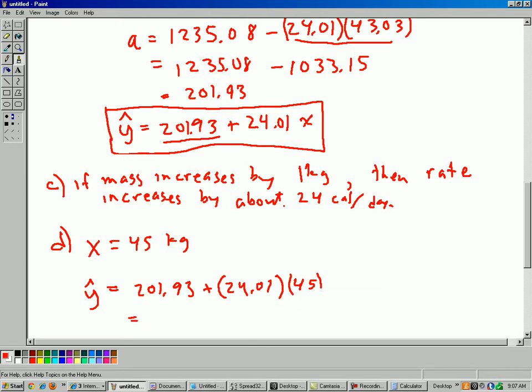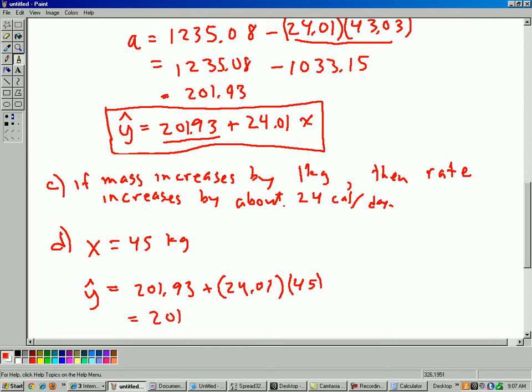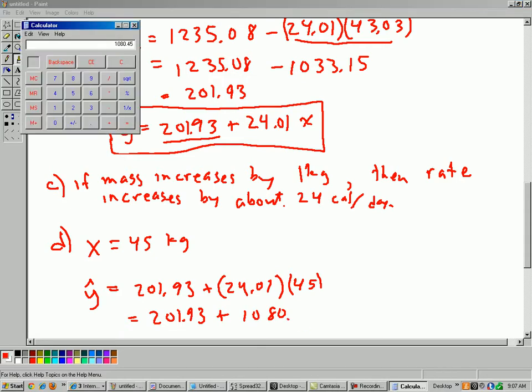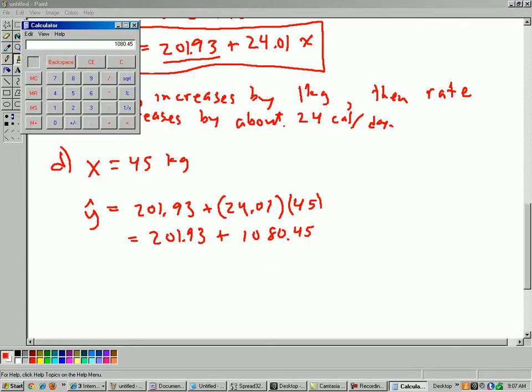So I'll use my calculator here. I'll do 45 times 24.01 is 1,080.45. So I've got 201.93 plus 1,080.45. Okay, add those two together. Back to the calculator.